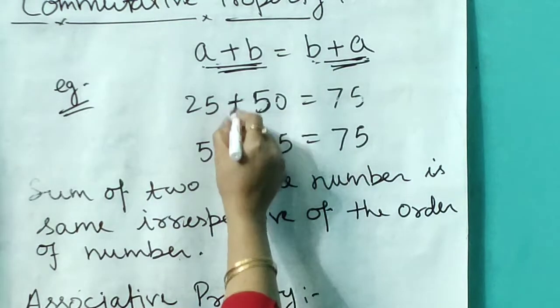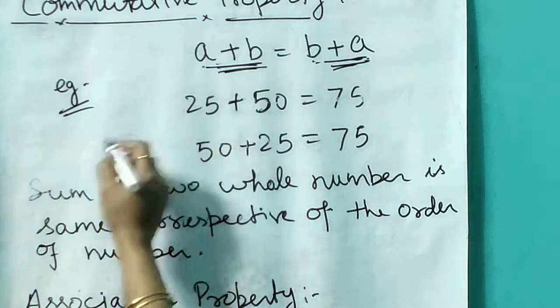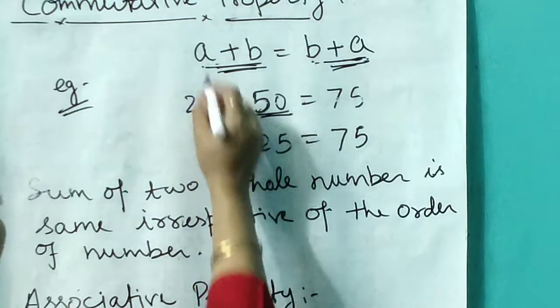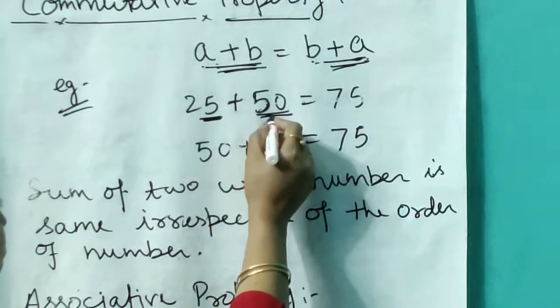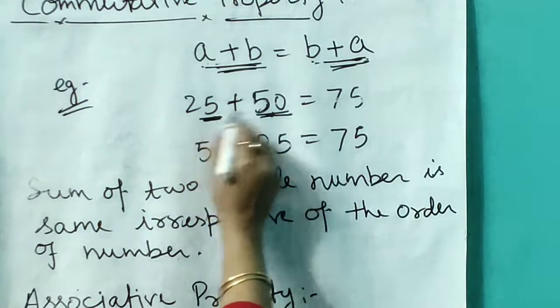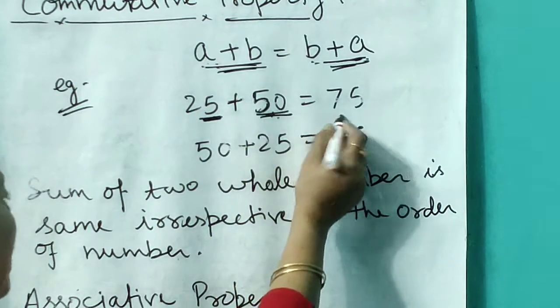You can understand it better with some example. Suppose you are adding 25 plus 50. At the place of a you write 25, and b is 50. You add a plus b, so 25 plus 50 will be 75.